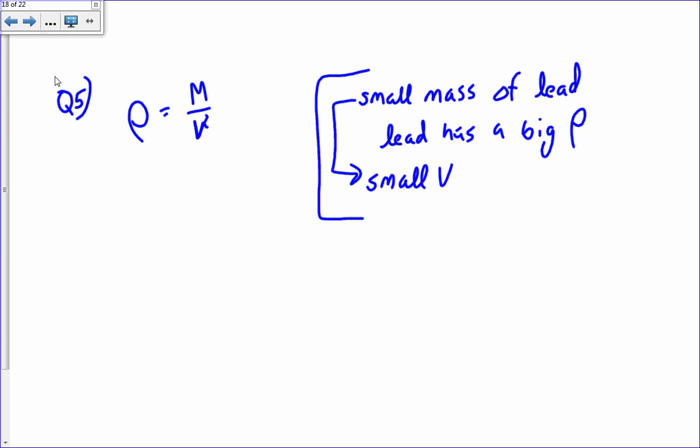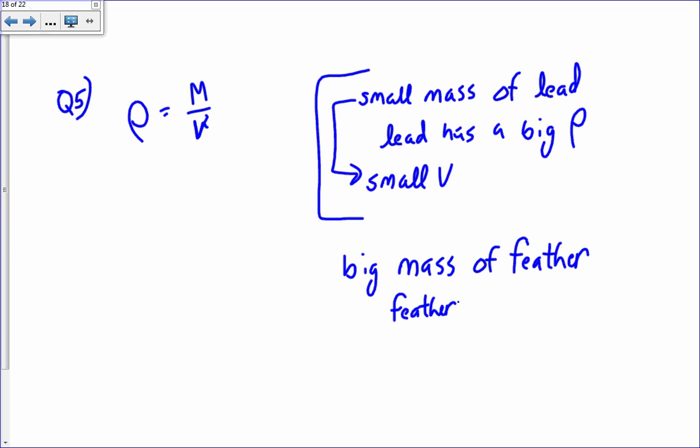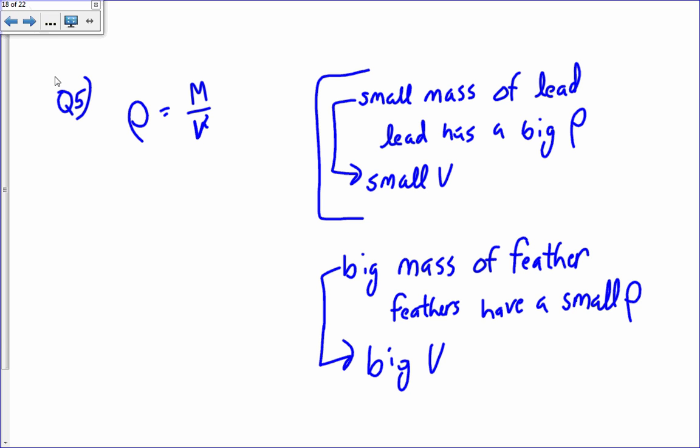On the other hand, you can have a very big mass of something that's light, like, say, I don't know, feathers, which are not dense at all, but feathers have a small density. Right? But if you have a big mass, that means that you're going to have a very large volume of feathers. Give an example of how density of an object can be used to identify the substance of which it is composed.